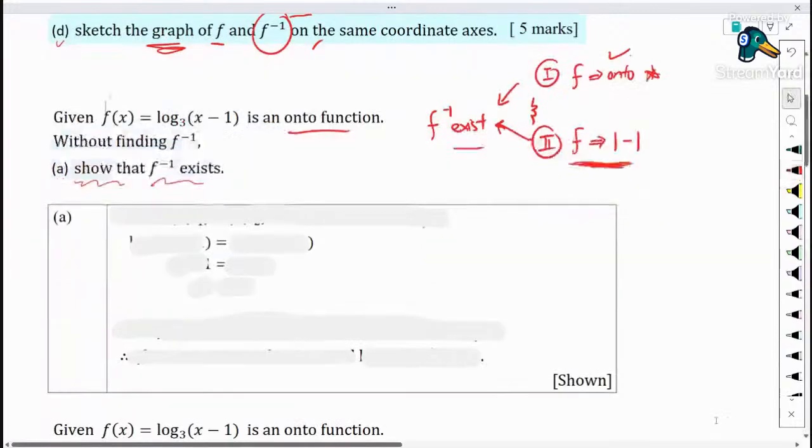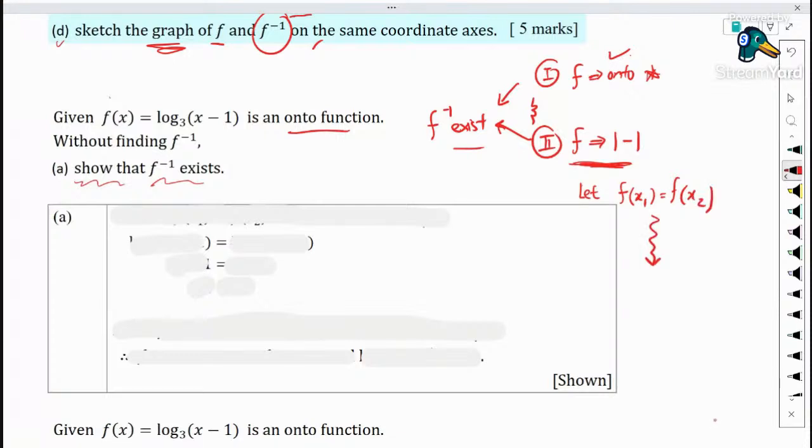So therefore, in here, I would like to prove one-to-one. And how to prove one-to-one by algebraic method is that first we make an assumption. Let's say we find that I have x1 and also x2, and both of them give me the same y value, which is f(x1) equals f(x2).